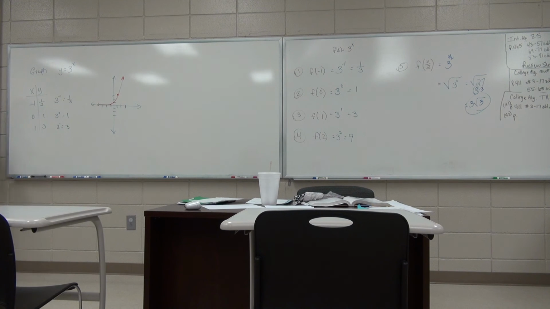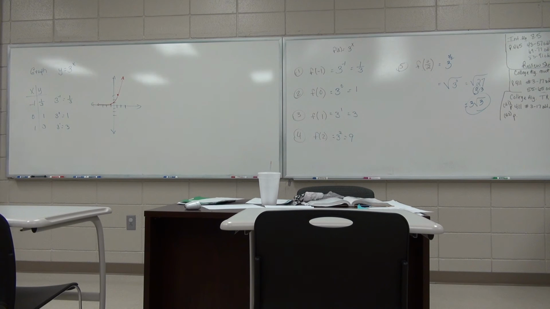Now, one thing I want to say about this graph is, do you agree that there's not any number I can put in there for x that would ever make this problem give me a negative number? If I put in 3 to the -10 power, that would be 1/3 to the 10th, right? Which would be a real tiny fraction. If I put in -6, that's going to be 1/3 to the 6th, which is also a tiny fraction.